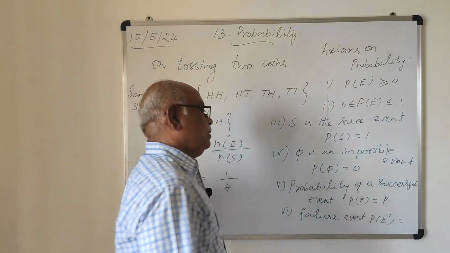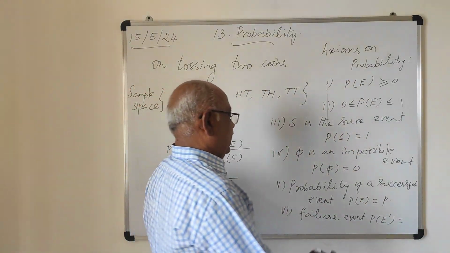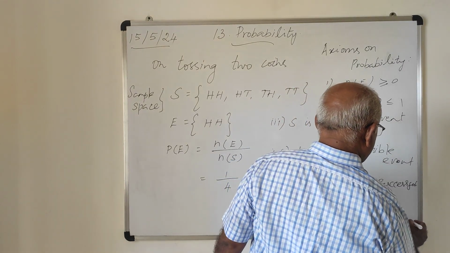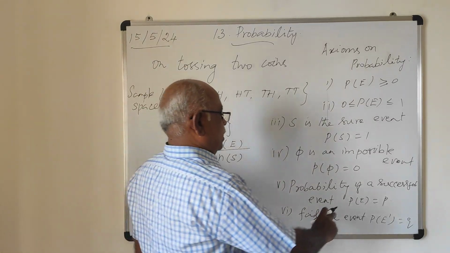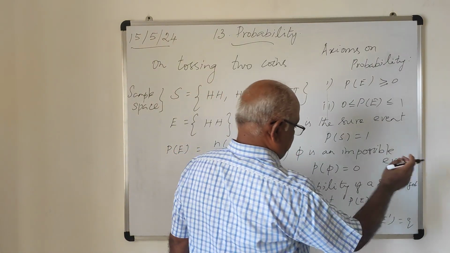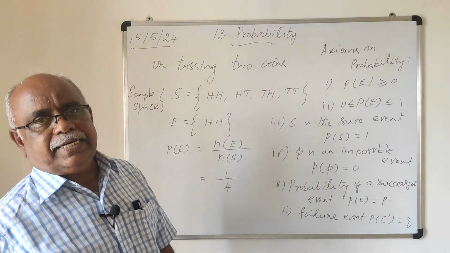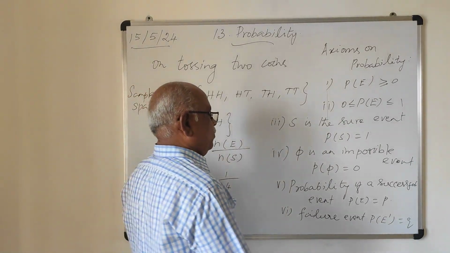E is the success event. The complement of E is E dash. P of E dash is defined by Q, the probability of failure. E dash is the complementary event of E. So P of E dash is Q.